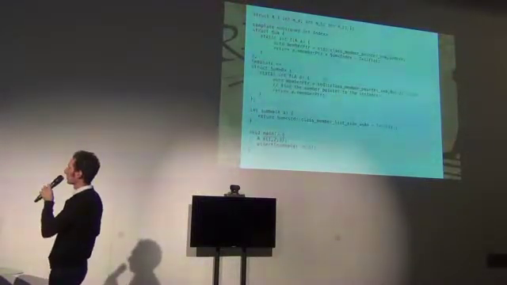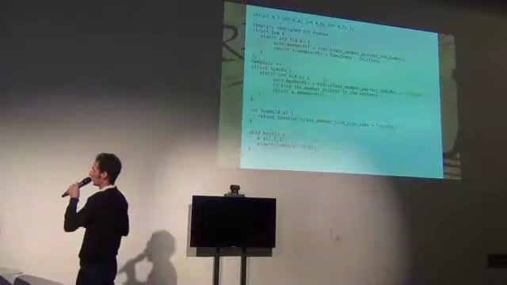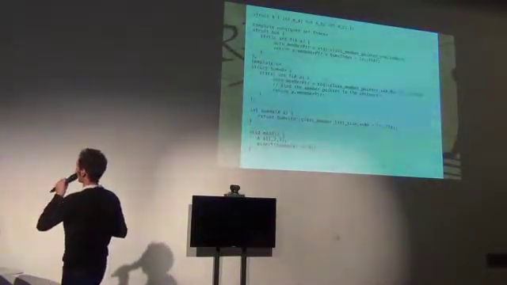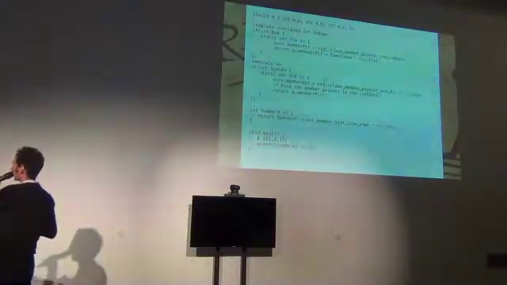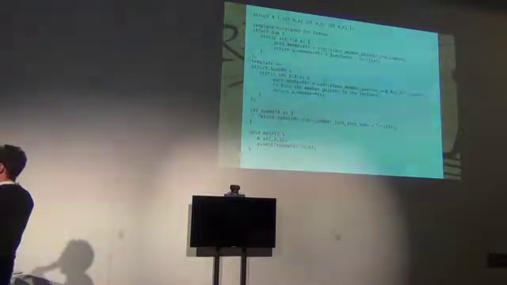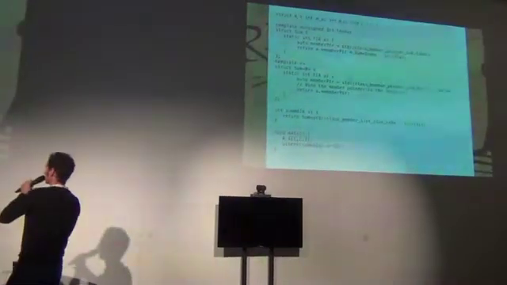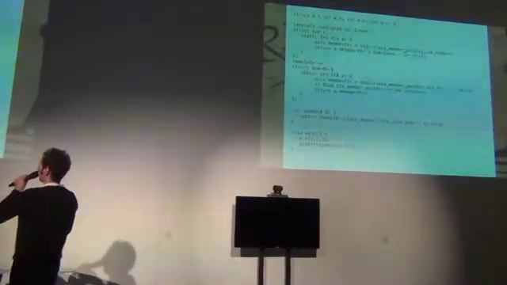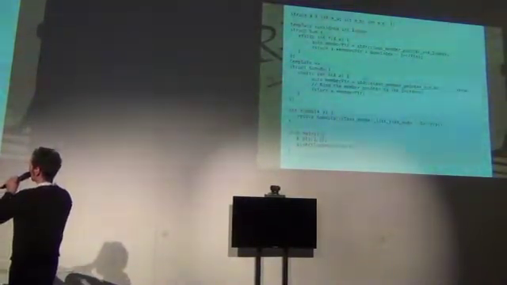Up here, I'm doing recursive template stuff. So, this is the end of the recursion. I have a member pointer. This underscore v might be familiar to you.